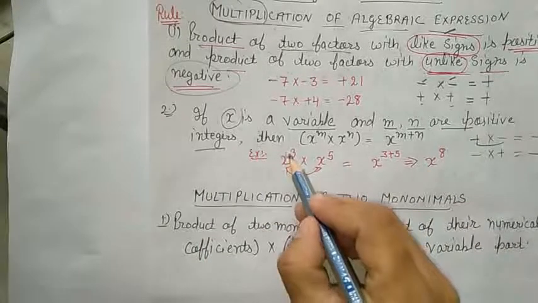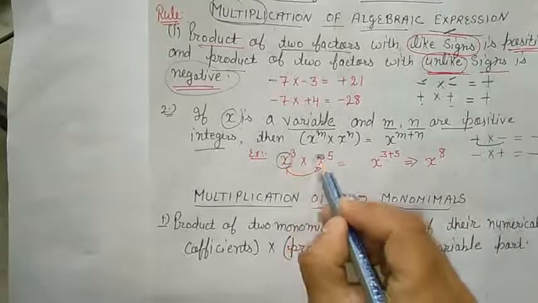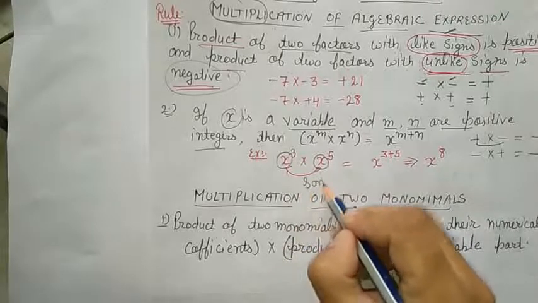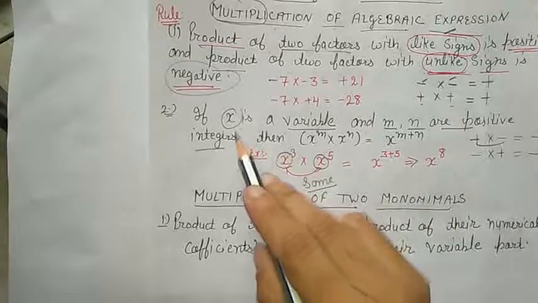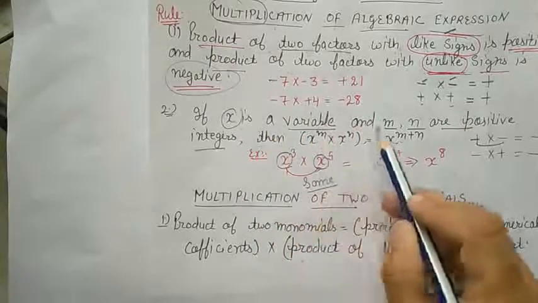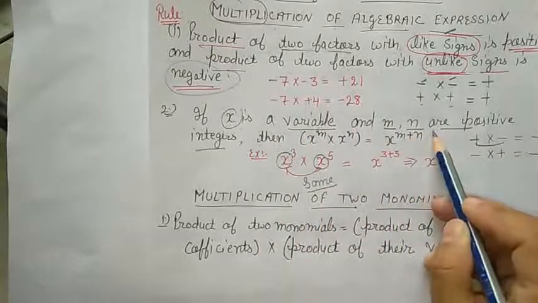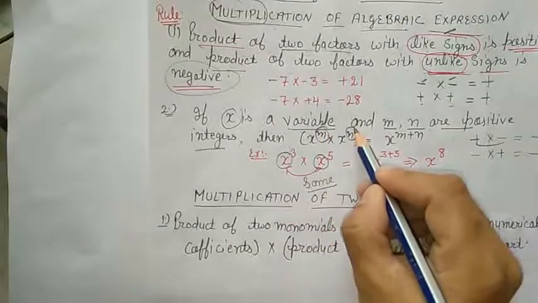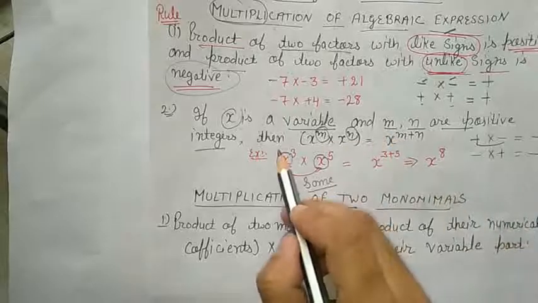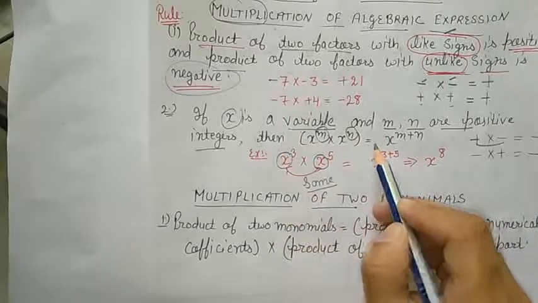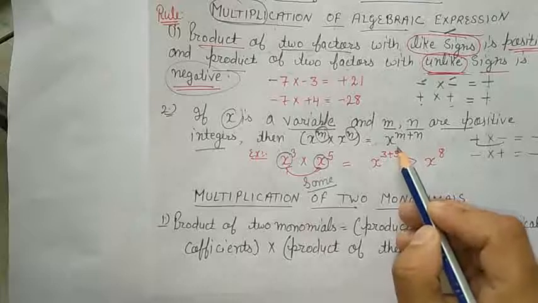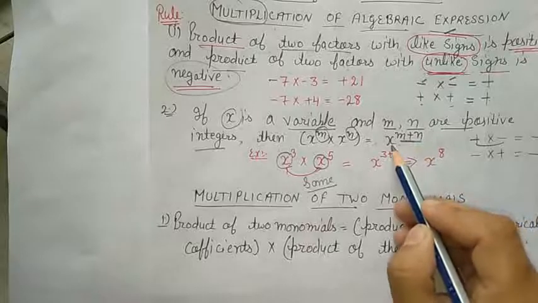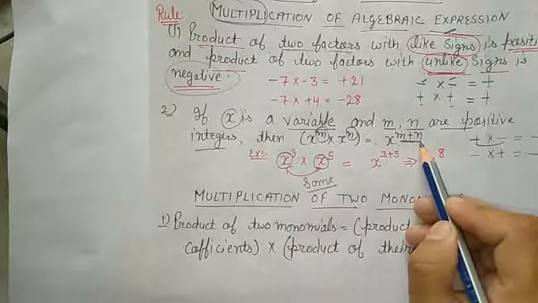If we have one variable x and both the powers are positive integers, then it will be equal to variable x with the addition of their powers. So x^m times x^n is equal to x^(m+n).